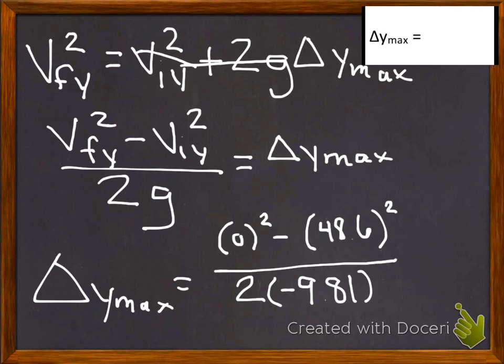So we take those numbers, plug it into our calculator, and we get that the highest point above the launch point that this cannonball is able to reach is 120.4 meters. So we have officially found a value for every variable that we could possibly talk about while discussing projectile motion.